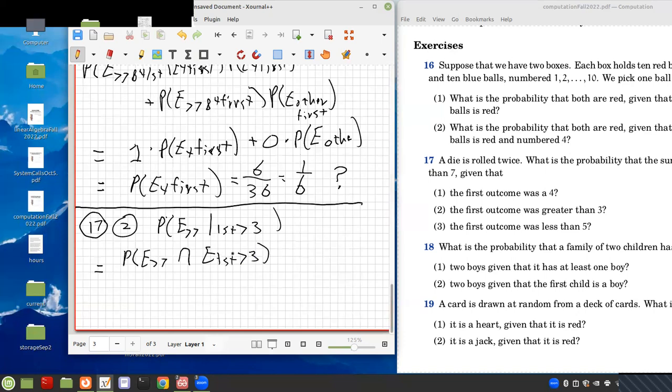So that's not just 4, but it could be 4. The first one could be a 4, 5, or 6. So there's more possibilities here. And divided by the probability of E first greater than 3.